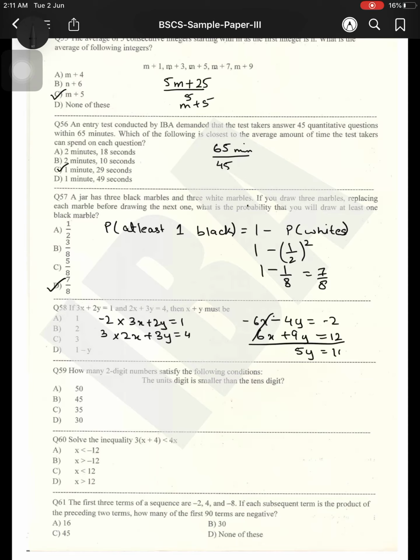So x gets cancelled out, and we are left with 5y is equal to 10. Y is 2. Now substitute 2 into the equation and get the answer. X is supposed to be minus 1. So 2 minus 1 should give you what? 1. That is A.